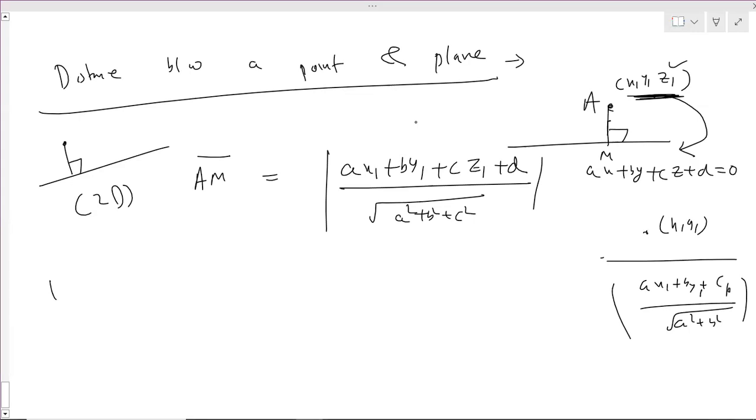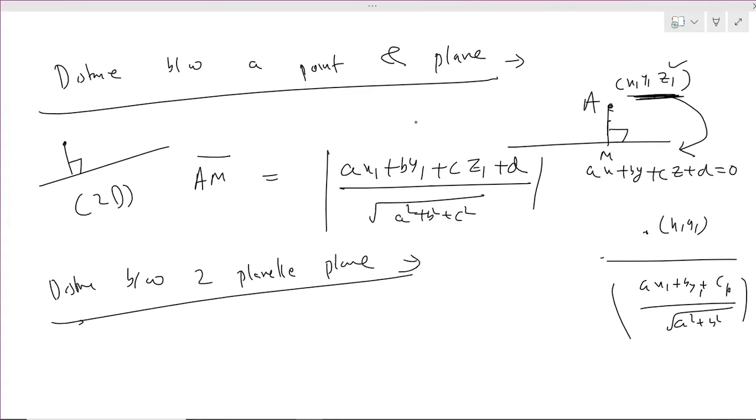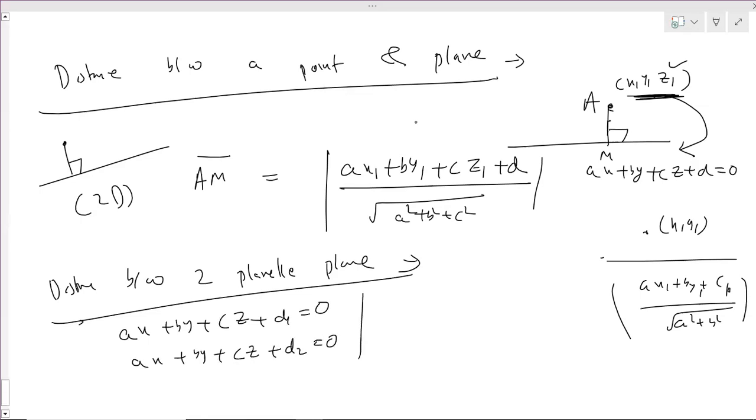Please note it down. Distance between parallel planes. This formula is also applicable to lines. Suppose the planes are AX plus BY plus CZ plus D1 equals 0 and AX plus BY plus CZ plus D2 equals 0. Then the distance is mod of D1 minus D2 upon root of A square plus B square plus C square. All right.